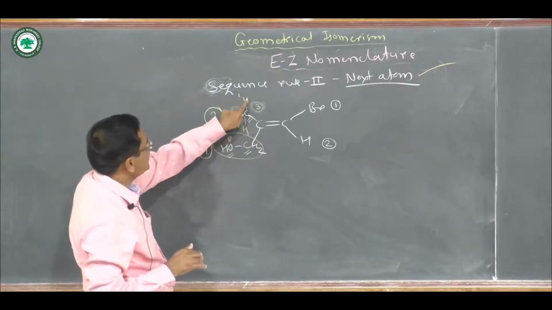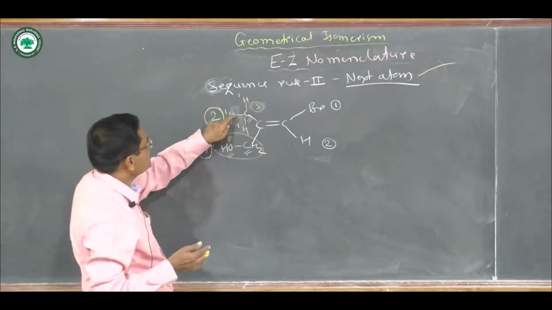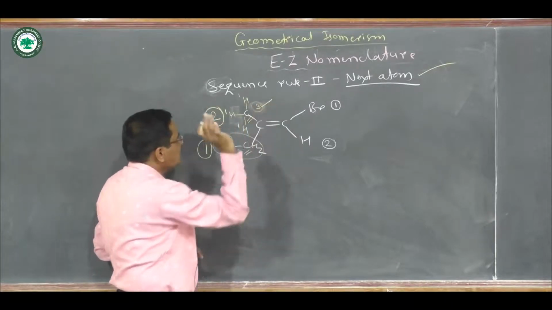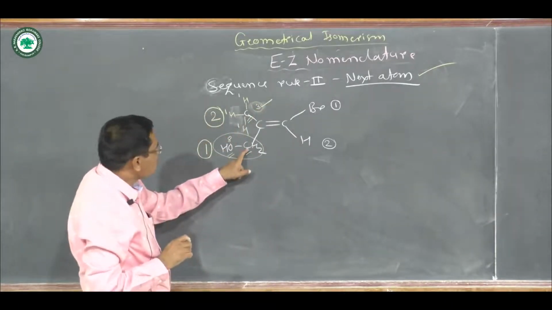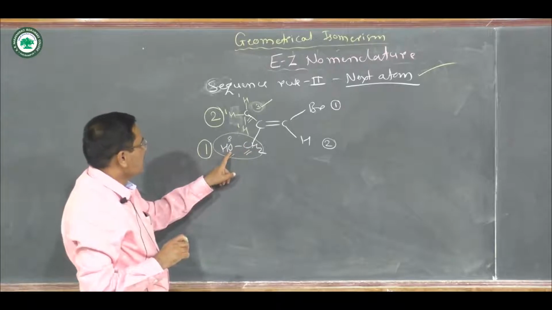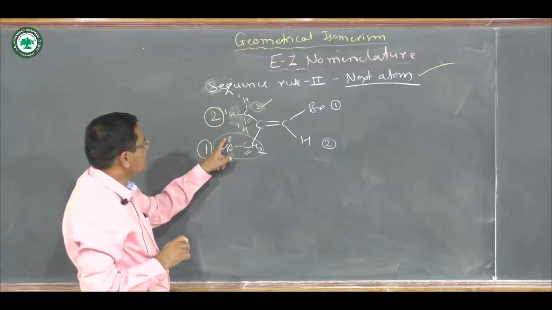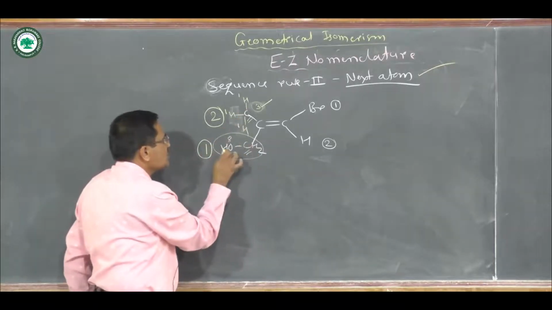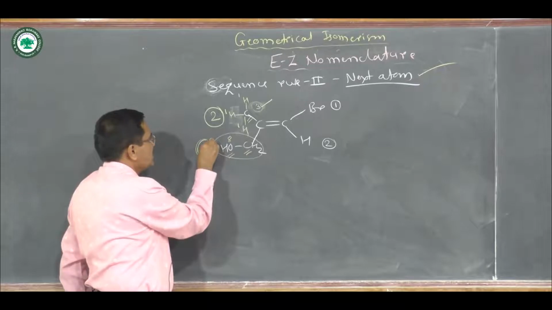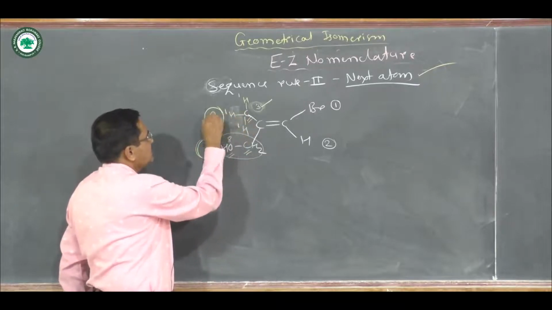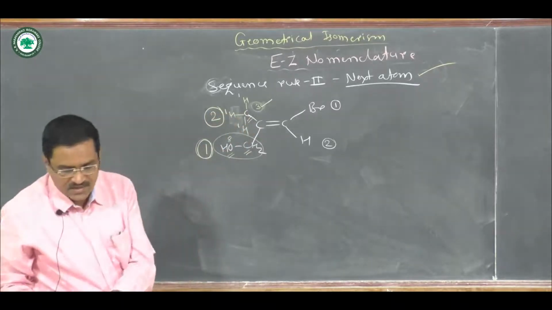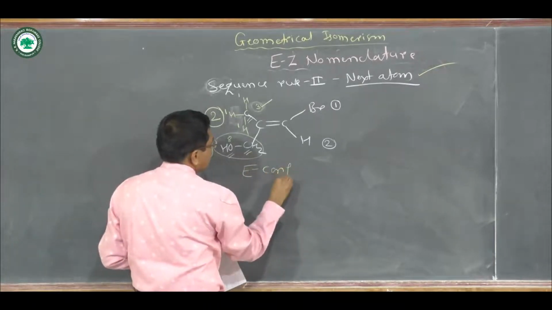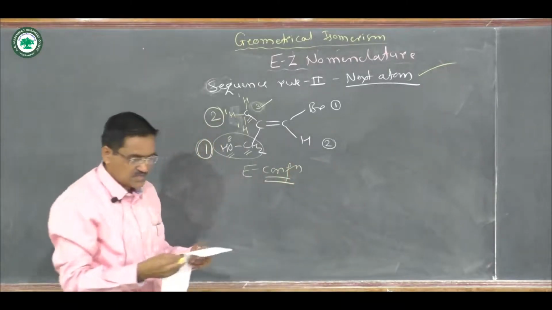After this carbon atom there are 3 hydrogens, and you know very well that hydrogen has atomic number 1, so the sum of these atomic numbers is 3. After this carbon atom there is oxygen, and the atomic number of oxygen is 8, which is greater than this one. So the CH2OH group has the first priority and CH3 has the second priority, and that's why this is the E configuration.